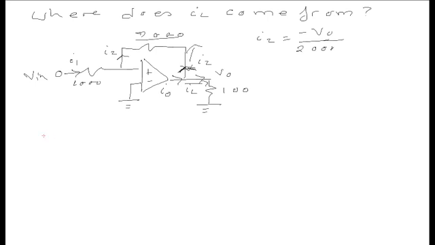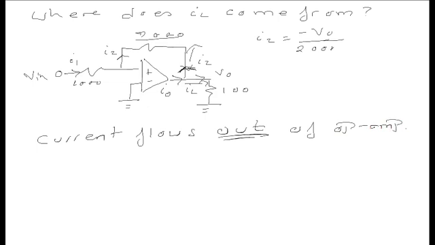The key takeaway here is current certainly flows out of an op-amp. Where is that current coming from? Who provides it? Well, there might be a plus 12 here and a minus 12 here.